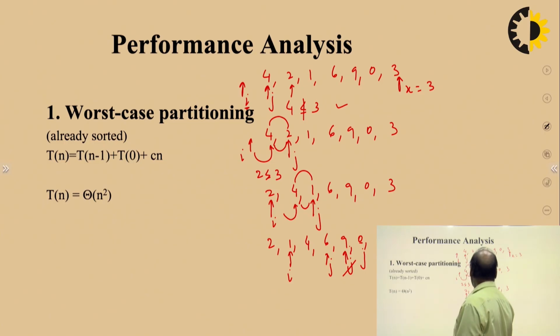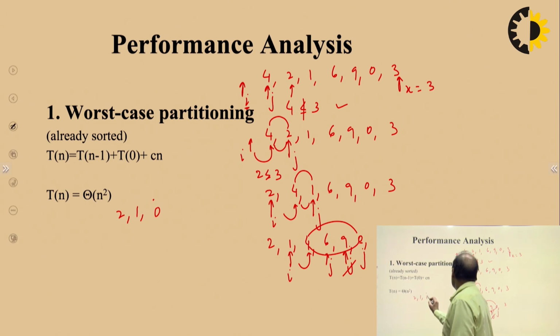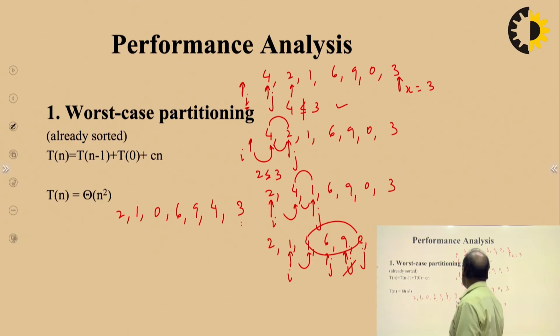Then in that situation I is increased, okay, and then A[I] and A[J] exchange. So what is the answer? 2, 1 and then 0, okay, and 6, 9 and then 4, okay, and then this is 3. J is finished, okay.